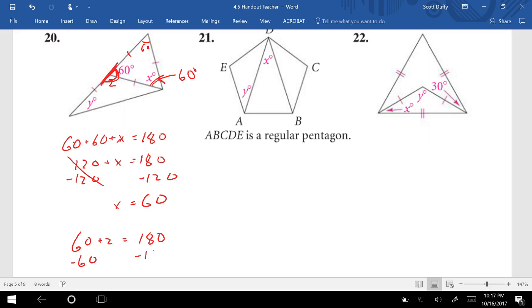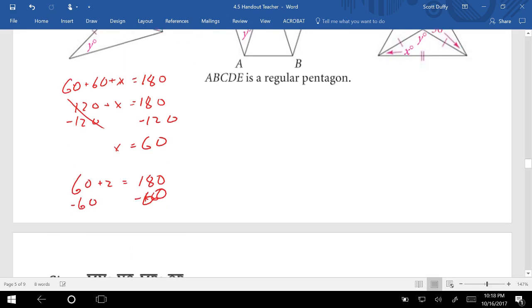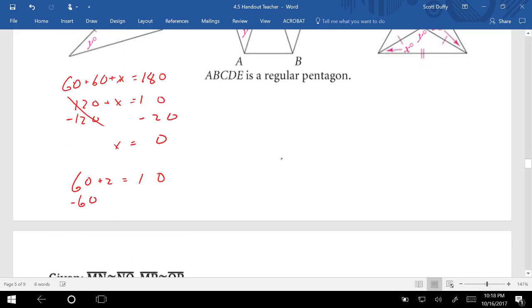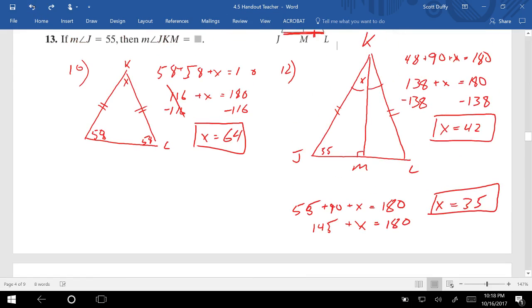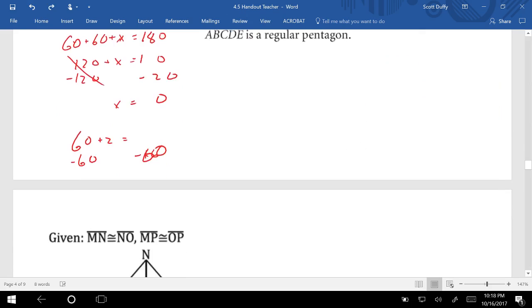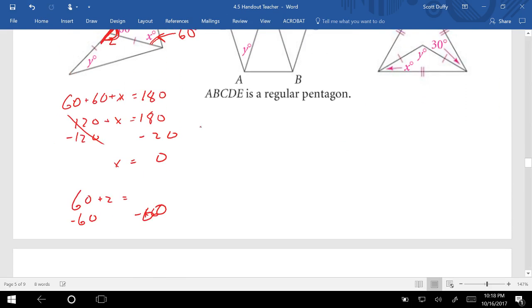Subtract 60. I'm going to get z equals 120.